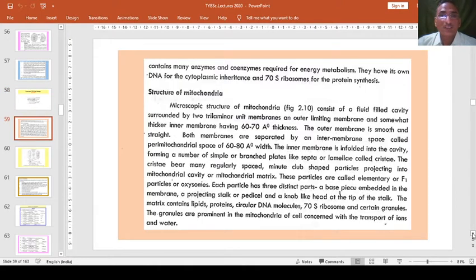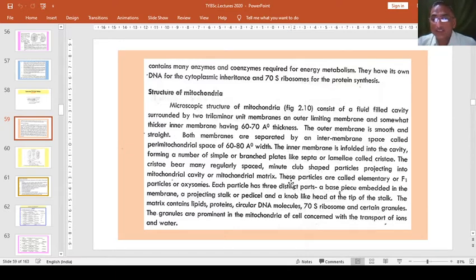We have seen the structure with inner and outer membrane, then the perimitochondrial space at a distance of about 60 to 80 angstrom, and these are the lamellae or cristae, which are the basic unit working in metabolic activities, then respiratory activities, energy production, ATP production, everything. We can say the main activities of the cell are regulated by the mitochondrial matrix and mitochondrial organelles.